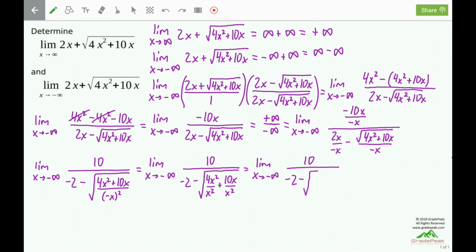Now into the root, the first term, the x squareds will cancel to leave a 4. In the second term, one of the x's in the denominator can cancel with the x in the numerator, leaving a positive 10 over x. Each term that is a constant divided by x to a positive power will go to 0 as x approaches negative infinity.